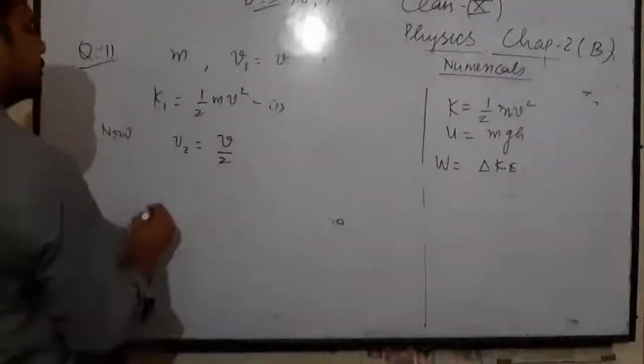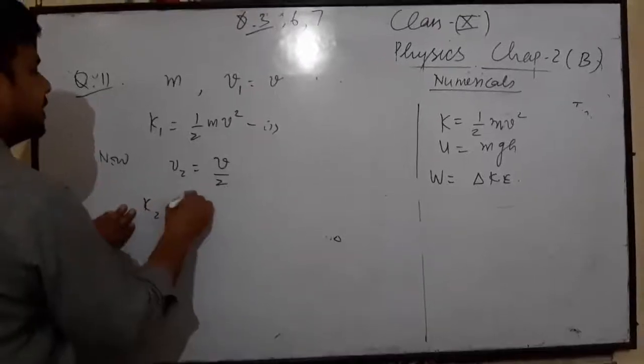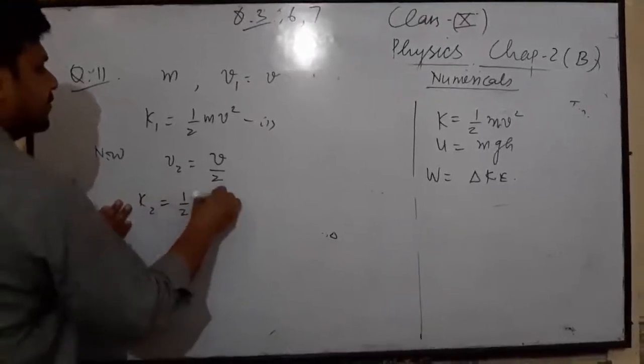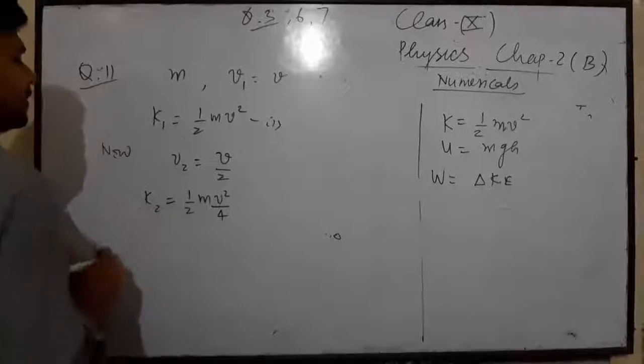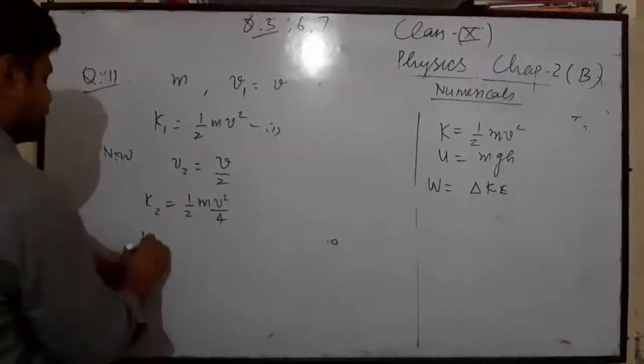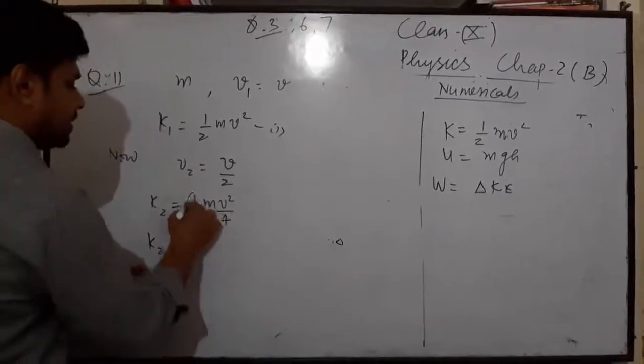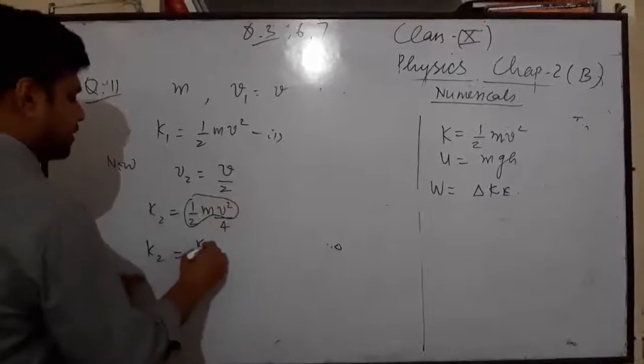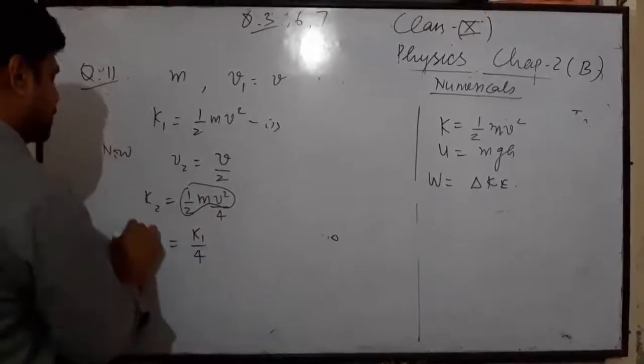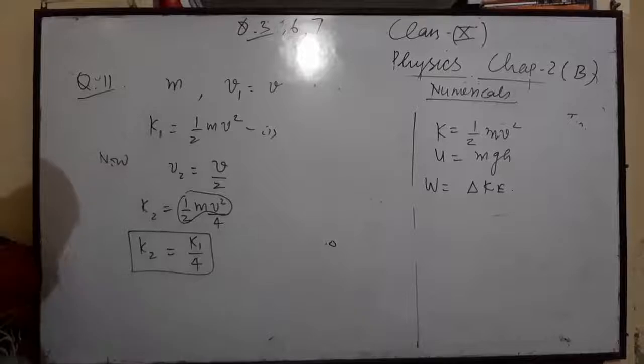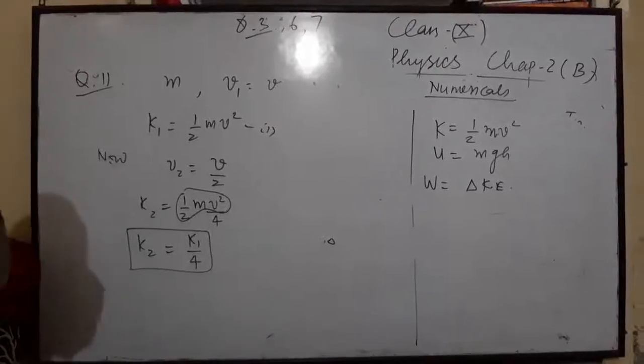Now, if the speed of the body is v by 2, then the kinetic energy will be half m v square by 4. So we can write this as K1 by 4. So the kinetic energy reduces to 1 by 4.